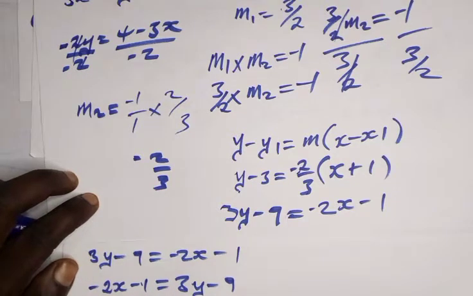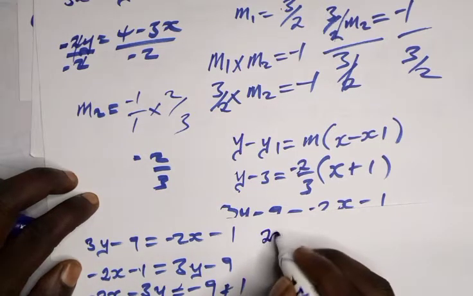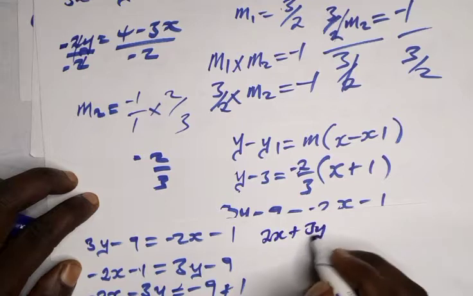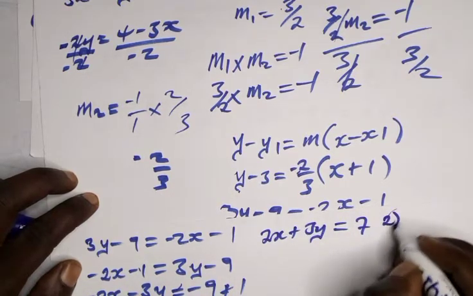So you don't have to leave your equation with the x negative. So we divide both sides by negative 1, minus 1, minus 1. Then here it will be 2x plus 3y equals 7. So this is the equation 2.